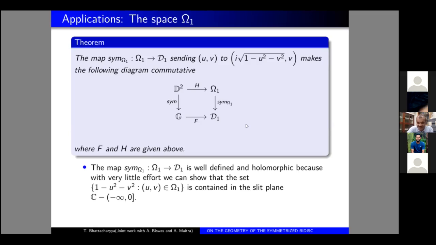There's no problem in taking a square root. Okay, that was rather pleasing, because I don't know whether Isai imagined that you can go from omega 1 to D1 in this way. This of course comes from the knowledge that you go from D2 to G. So hence you must be able to go from omega 1 to D1.